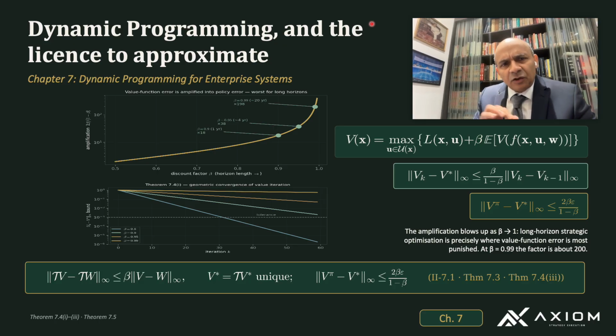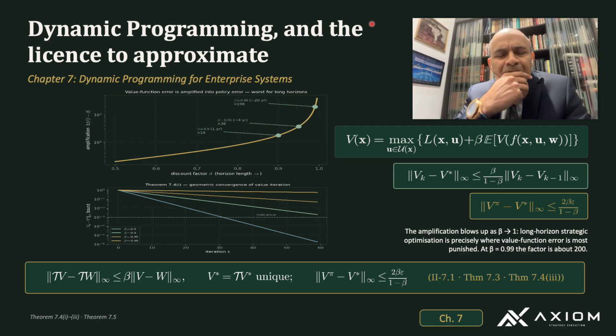Existence of the value function via the Banach fixed point theorem on the Bellman operator, which is a beta contraction in sup norm. Because the Bellman operator is a contraction, the infinite horizon enterprise value function exists uniquely as its fixed point. Theorem 7.4, value iteration convergence.